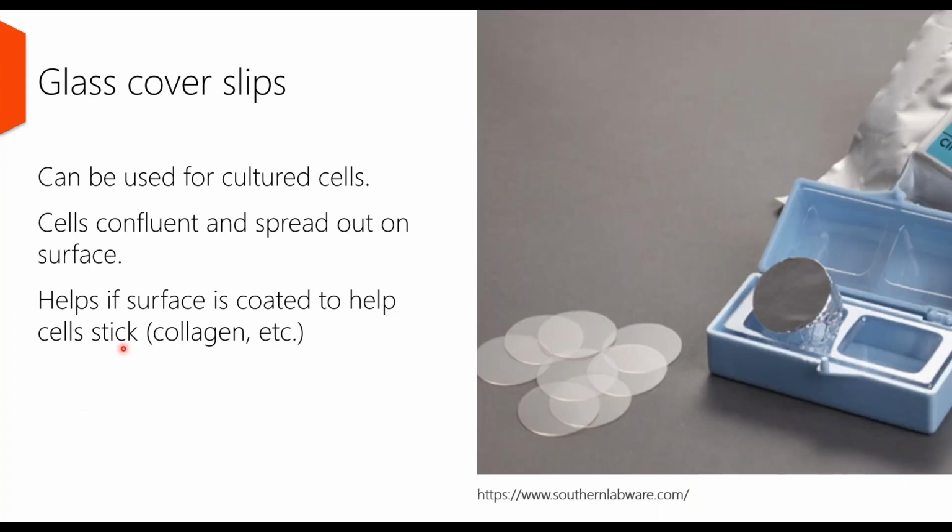Another common thing is glass cover slips. So again, cells need to be confluent, spread out, and on the surface. And again, use collagen, whatever you need to make sure the cells stick to those cover slips. It doesn't matter, we can image it in a little drop of liquid right on top of this cover slip or in a Petri dish. It'll be the same.